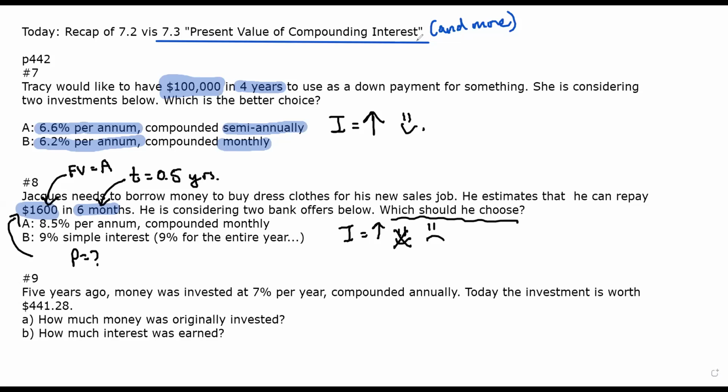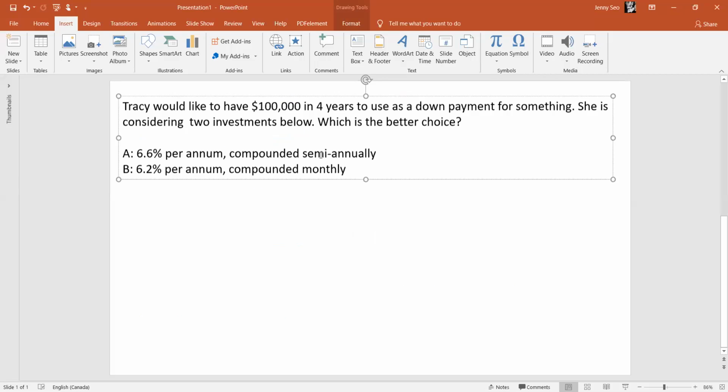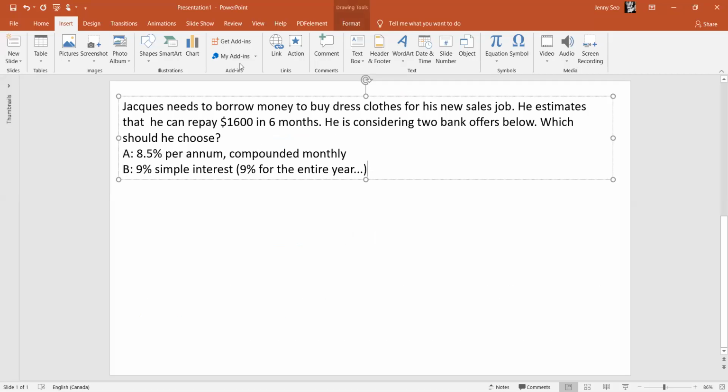Let me copy and paste this question onto the PowerPoint, and annotating. Okay, my future value, aka the final amount, is going to be 1600. The time in which the interest accumulates is going to be 0.5 years.